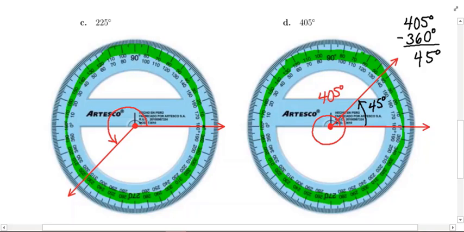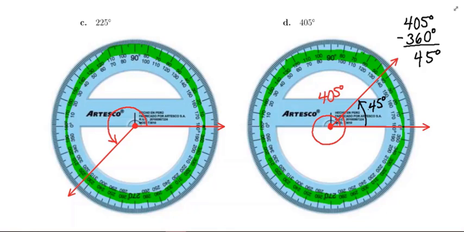This should show you how important it is to put the little arc in when you draw an angle, because this is how you're going to designate coterminal angles. If you didn't have the little red arc versus the black arc, how would you be able to tell the difference between 45 degrees and 405 degrees, because they have the same initial side and the same terminal side?